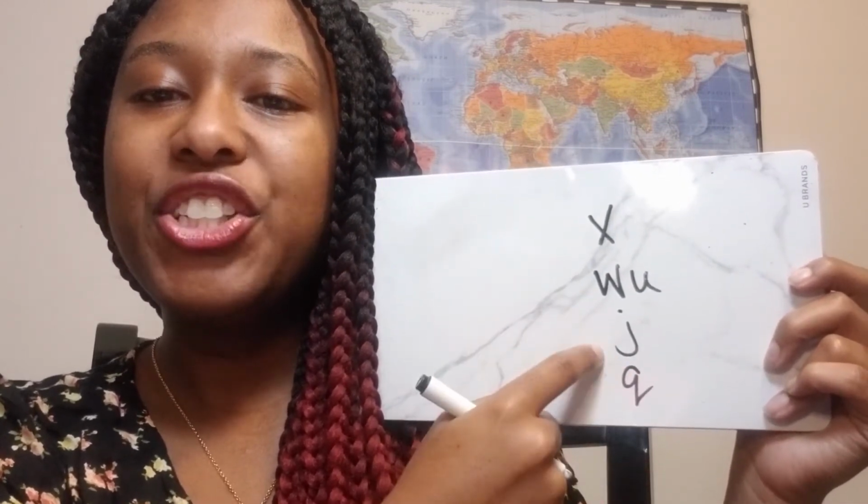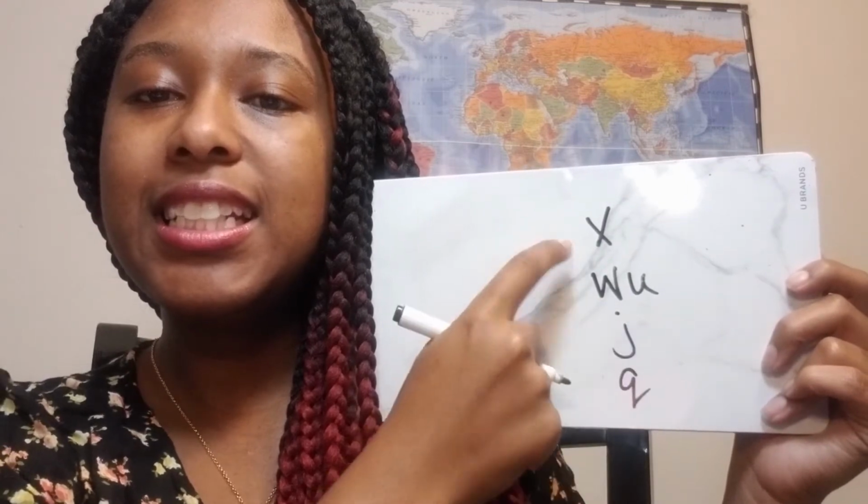I could have put these in order. So G, Chi, Shi. So it's very important to know, do your research and look up how certain languages are pronounced. Look up every language that you can, their alphabet.